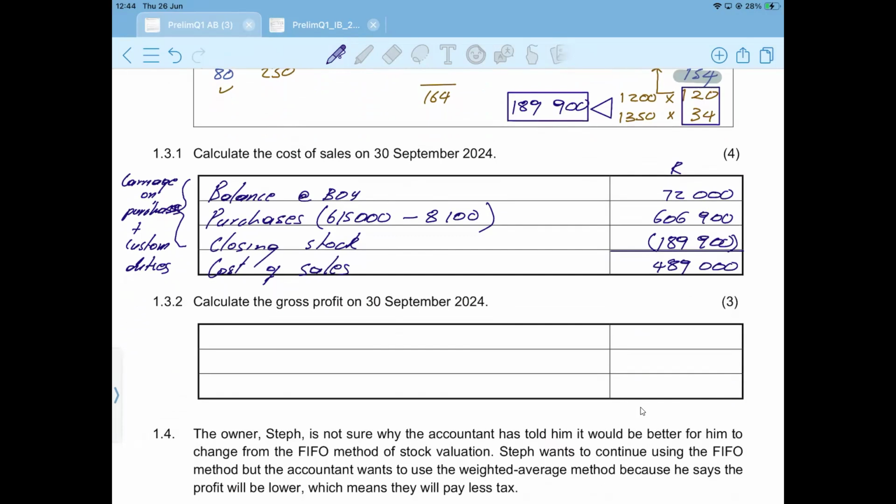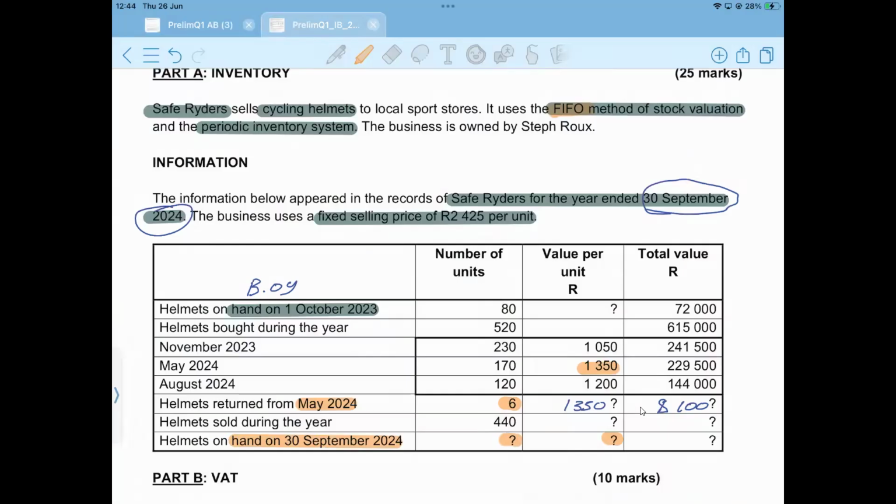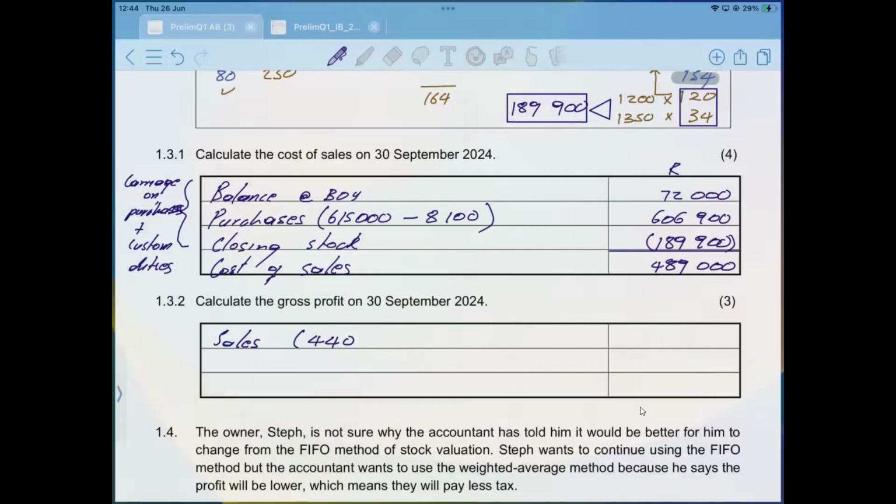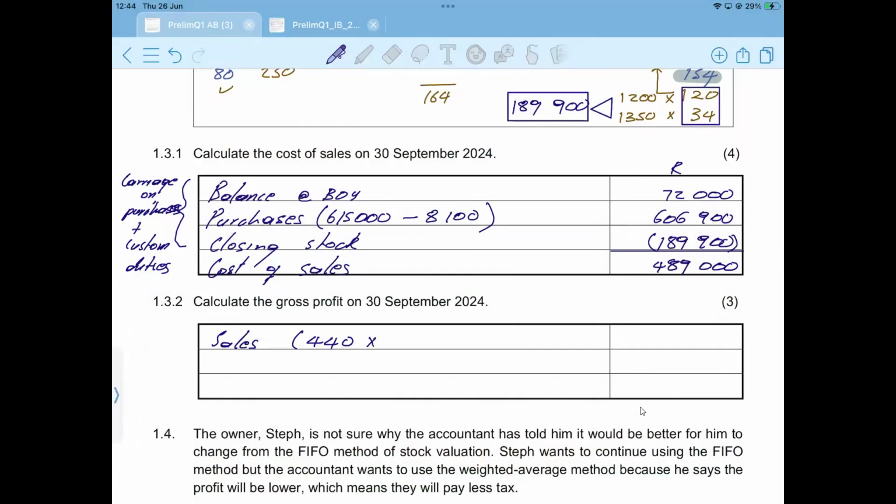To calculate gross profit, you'll normally take sales, which was 440 units that were sold at 2,425.